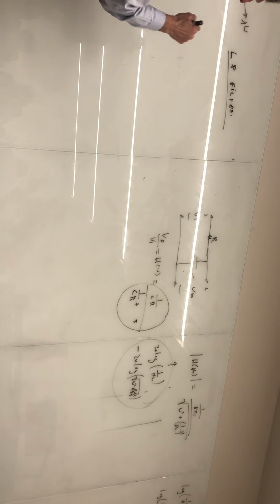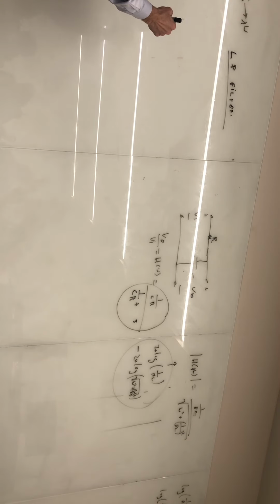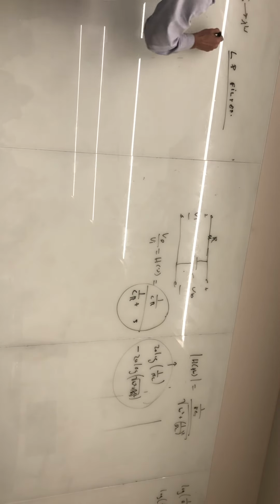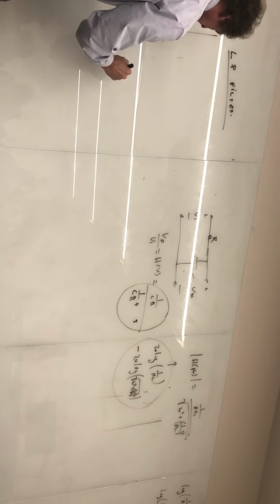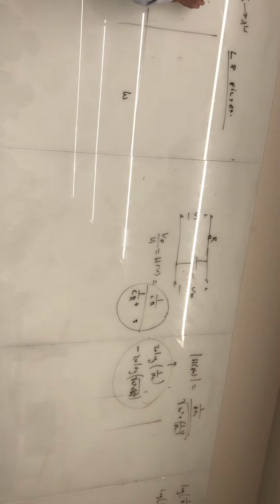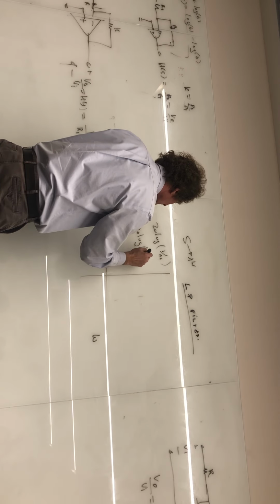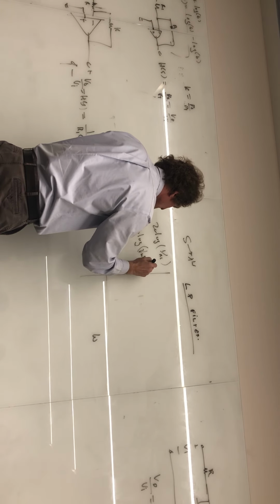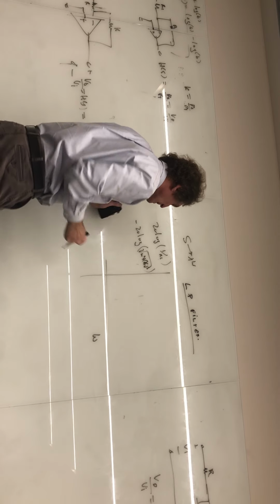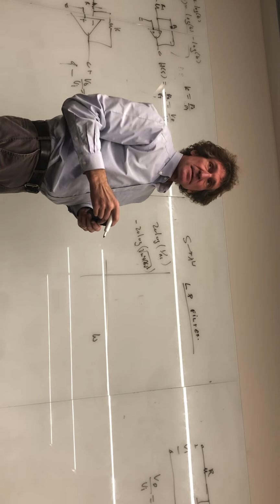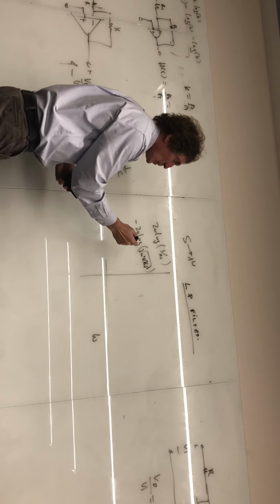And when I do it, I have 20 times the log of 1 over RC minus 20 times the log of square root of omega squared plus 1 over RC squared. And what happens is this.